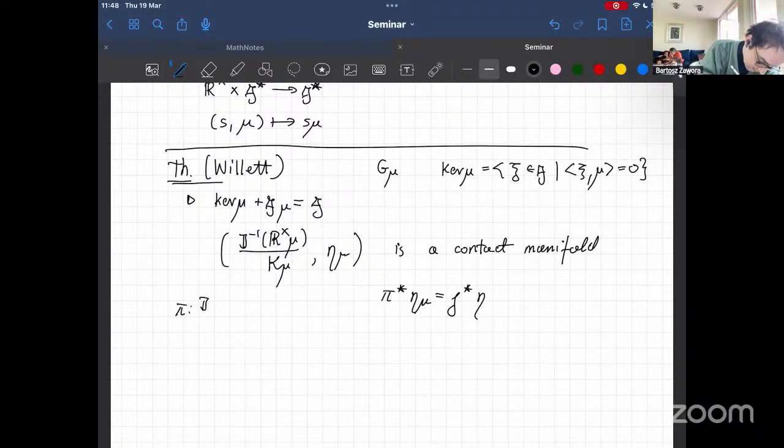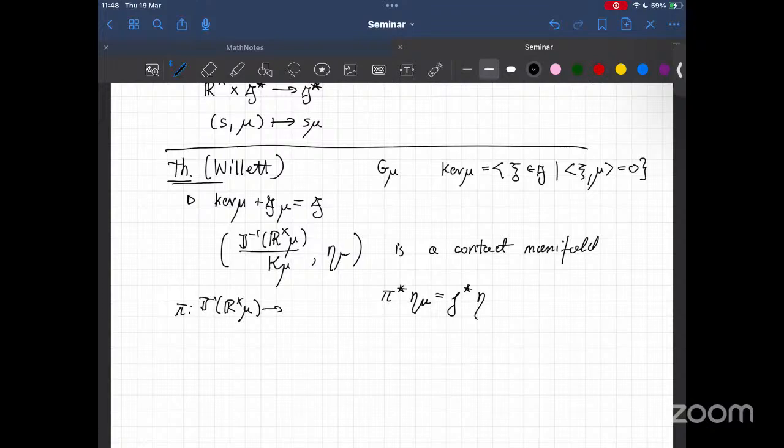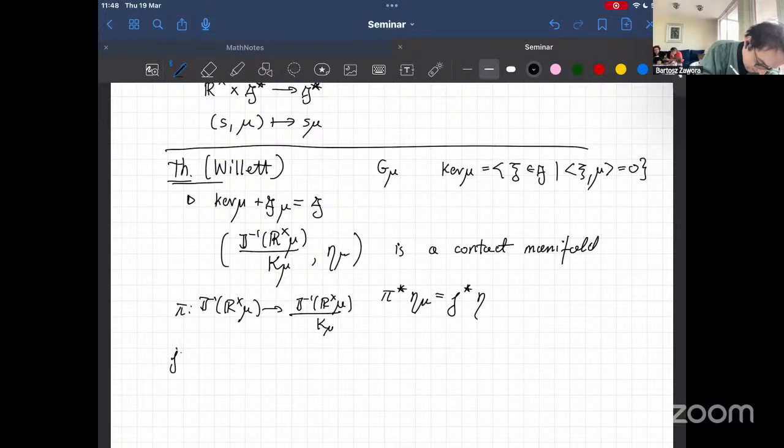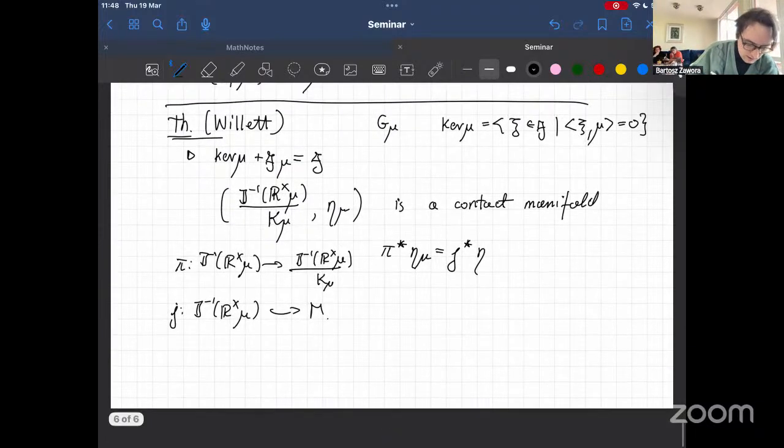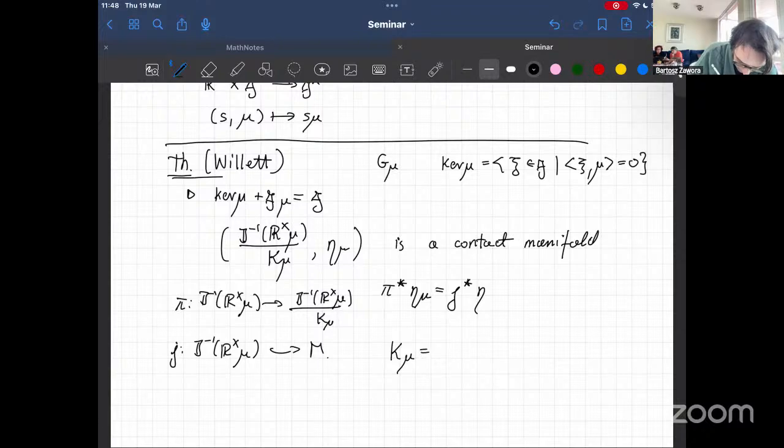Where P is a projection to the quotient, from the pre-image of R cross mu into M. Okay, and what is K mu? One can show that K mu is a Lie subgroup, and the Lie algebra of K mu is defined as the kernel of mu intersected with the Lie algebra of the isotropy group of mu.